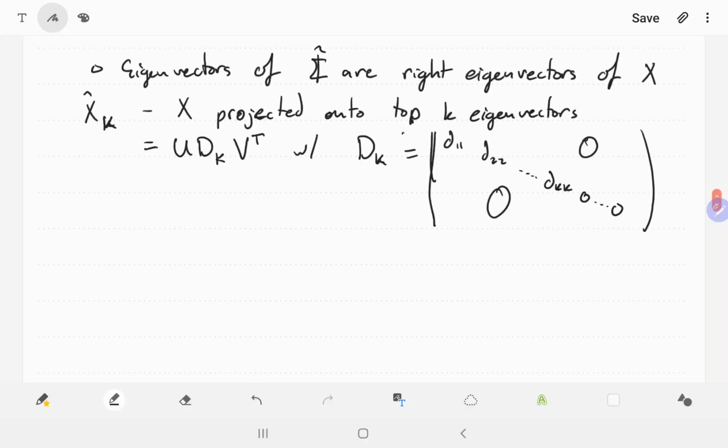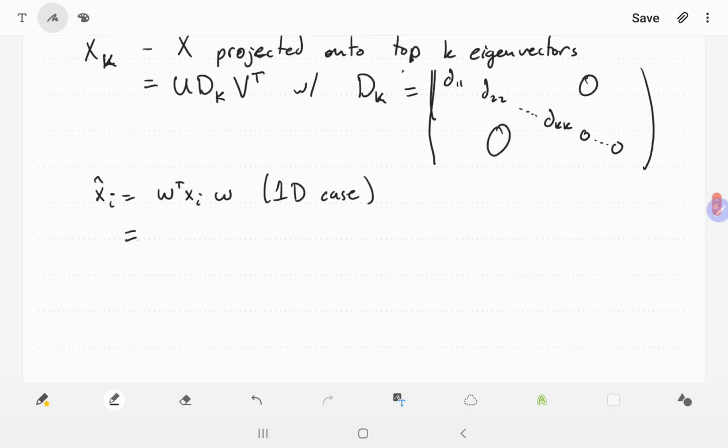Now, how do we know that that's the case? Well, before we had that x hat i was equal to w transpose xi times w, and this was in the 1D case. The generalization of this is to choose the top k eigenvectors of the sigma hat.